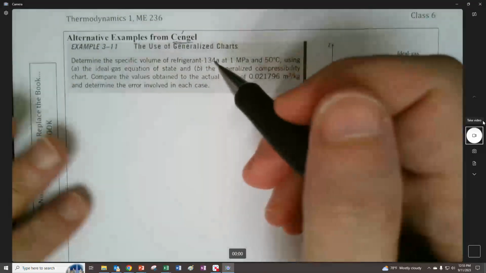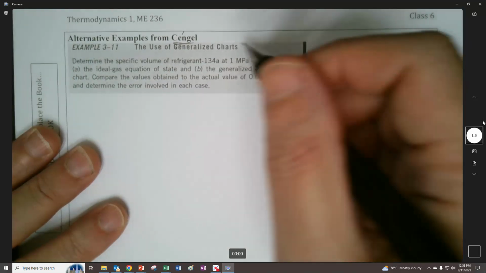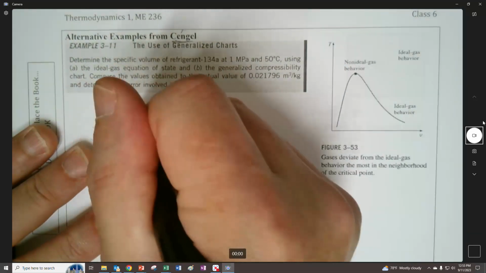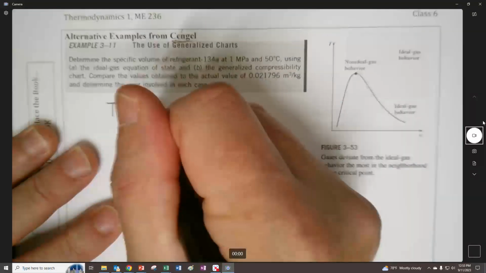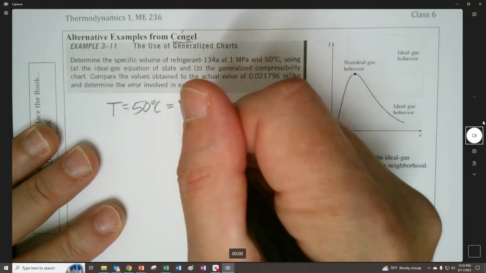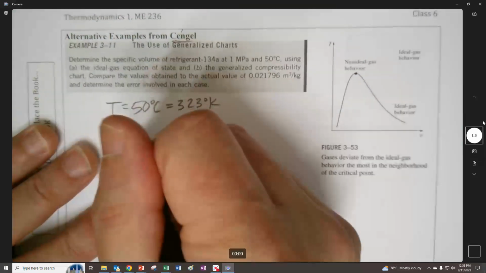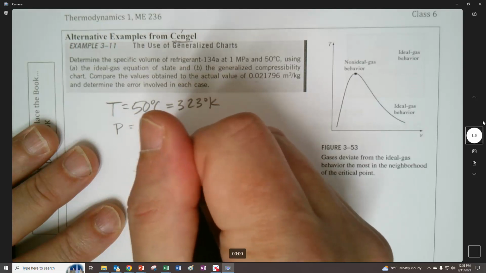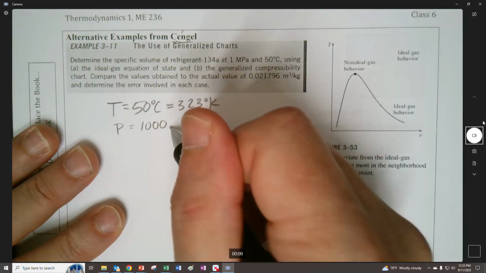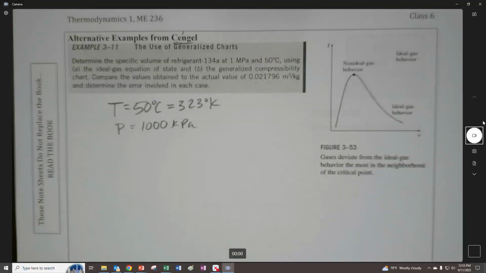So I think I actually want to look this one up first. Let's take a look: the temperature is equal to 50 degrees Celsius. By the way, let's go ahead and turn that into Kelvin right away so we don't forget. And the pressure is 1,000 kilopascals, 1 megapascal.